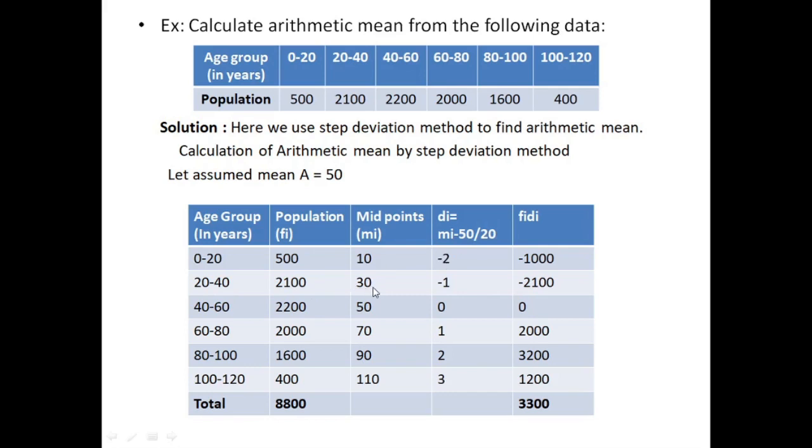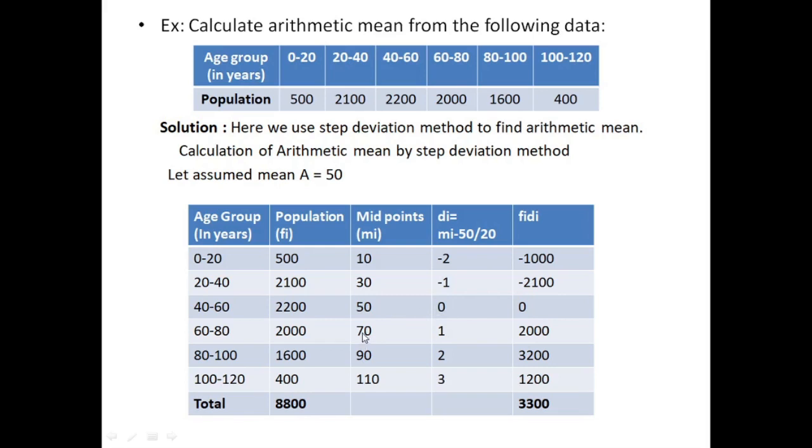For the next observation, di is equal to mi minus 50 upon 20. So mi is 30. 30 minus 50 is minus 20. Minus 20 divided by 20 is equal to minus 1. Next, mi is 50. 50 minus 50 is 0. 0 divided by 20 is 0.